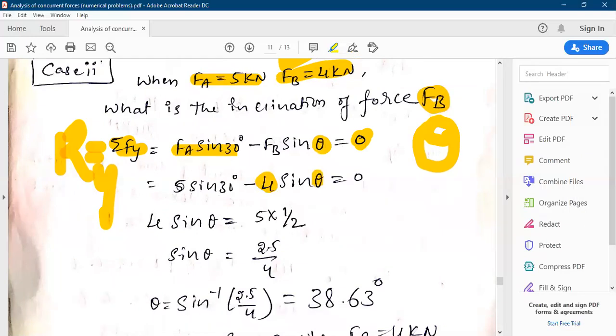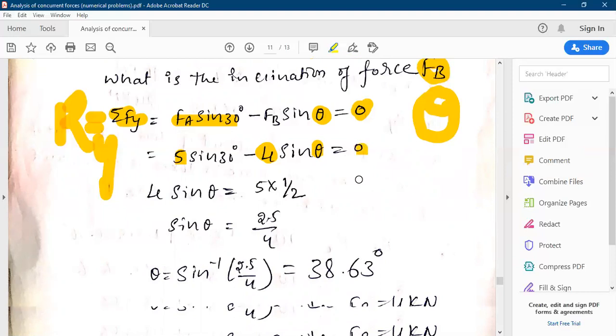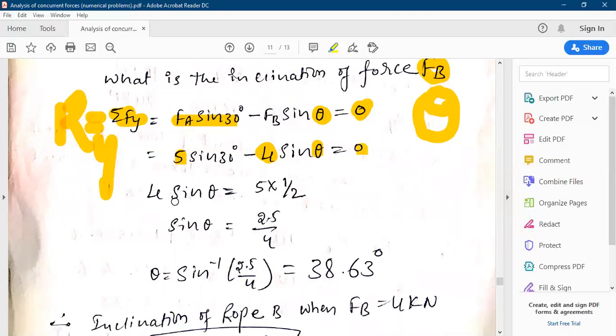In this case, the Fa term is 5 sin 30 and the Fb term is 4 sin theta, acting downwards. 5 sin 30 minus 4 sin theta is equal to sigma Fy, which is equal to 0. Sending 4 sin theta to the other side, the simplified equation is 4 sin theta equal to 5 into 1 by 2.